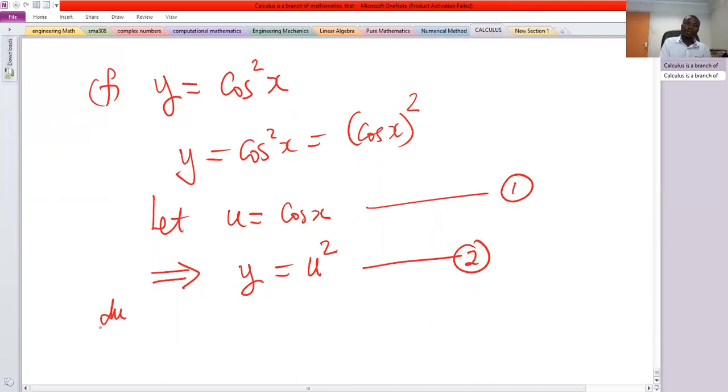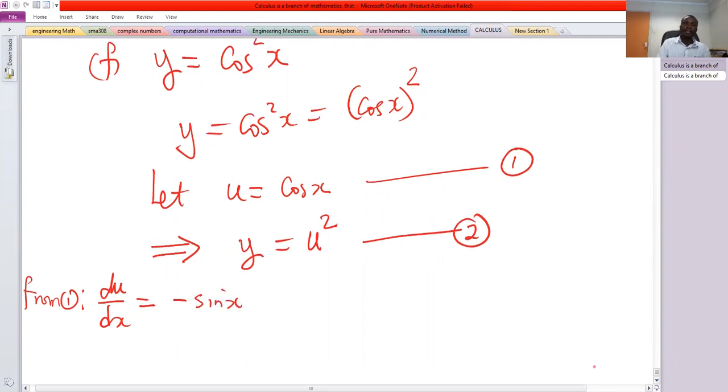So du dx from 1 is given by differentiate cos function, you get negative sine, and from 2, dy du is 2u.